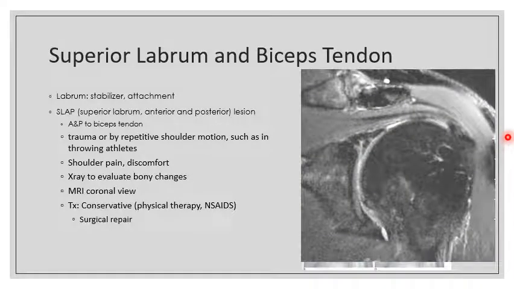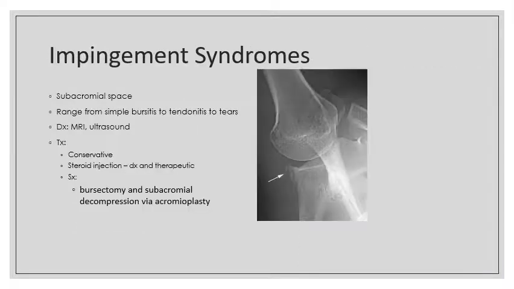Usually with the MRI at the coronal view, you can see the SLAP lesion going down, with fraying of the labrum here. If it's a type 1 injury, we can do some physical therapy and NSAIDs, even some steroid injection.